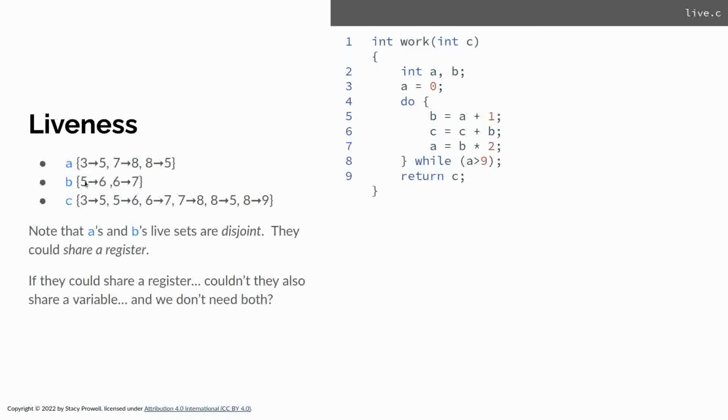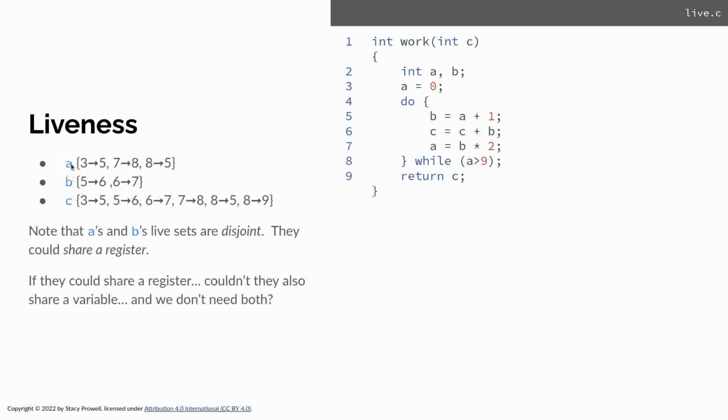And if we look at this and sort of squint for a moment, you might see something interesting. A is live on 3 to 5, 7 to 8, and 8 to 5. That's the return of the loop here. B is live on 5 and 6, and 6 and 7. C is live everywhere. These two sets, the set for A and the set for B, are disjoint.